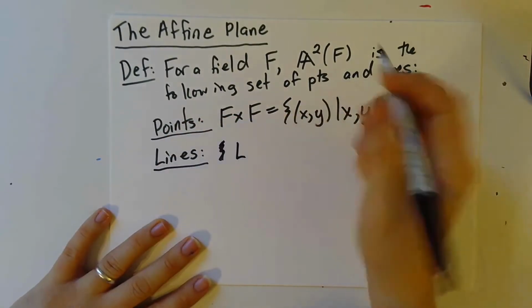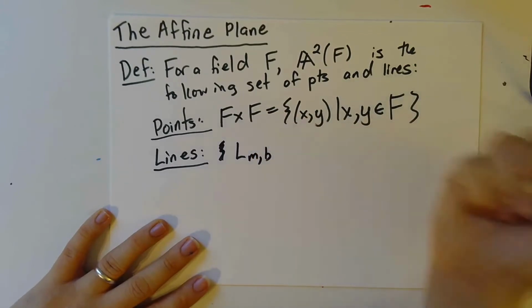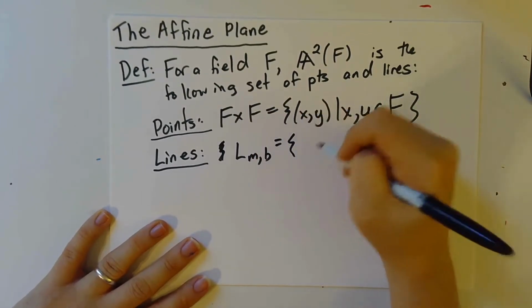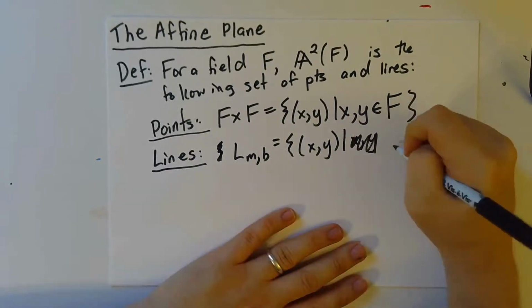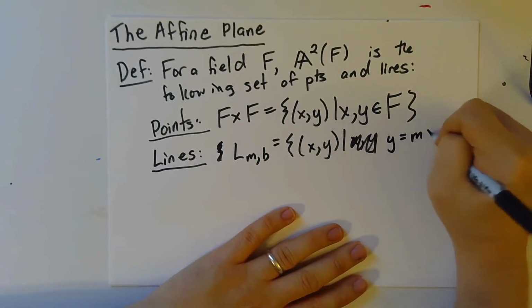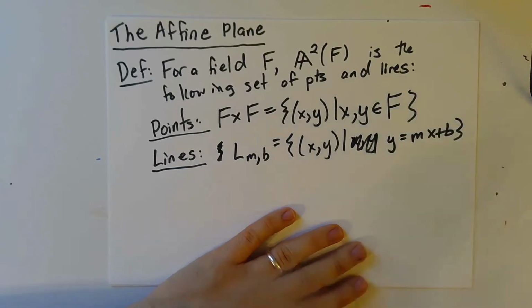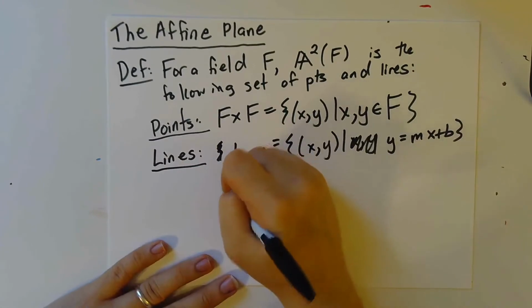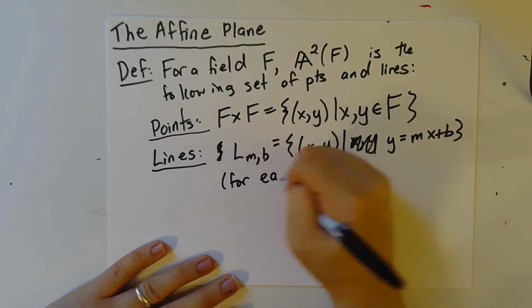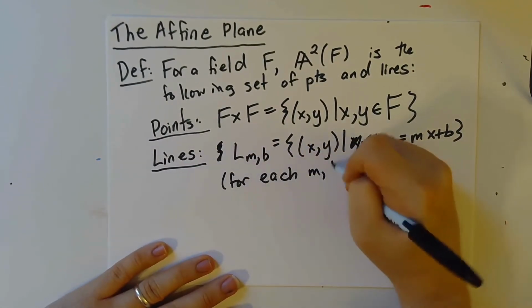We're going to have this L_{m,b} line, like before. This is going to be the set of (x, y) such that y equals mx plus b. This is for each m and each b in F.